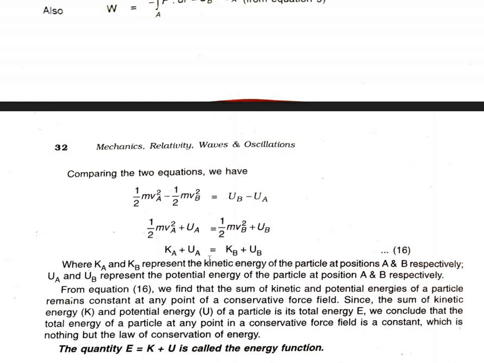So the kinetic energy plus potential energy at point A is equal to kinetic energy plus potential energy at point B. So if the particle is moving in a conservative force field, the total energy, that is kinetic energy plus potential energy, is a constant. That is, total kinetic energy plus potential energy at point A is equal to total kinetic energy plus potential energy at point B. So the total energy is a constant.